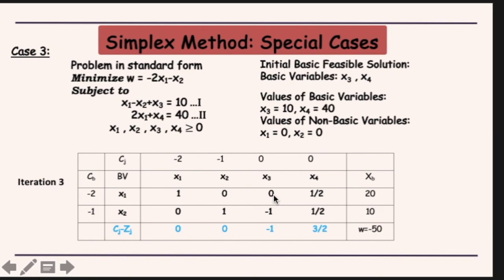So none of these two ratios can be taken, and hence we cannot decide on the leaving variable. So whenever we have such a situation that we haven't reached optimality, which means there is still scope of improvement of the objective function value, but the leaving criteria is not giving us any variable for leaving the basis, that would indicate the solution being unbounded.